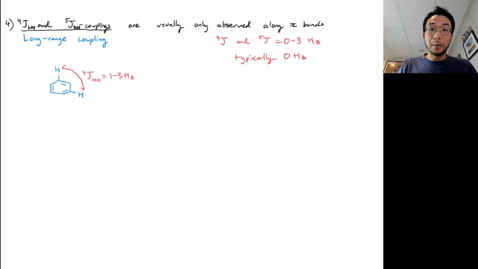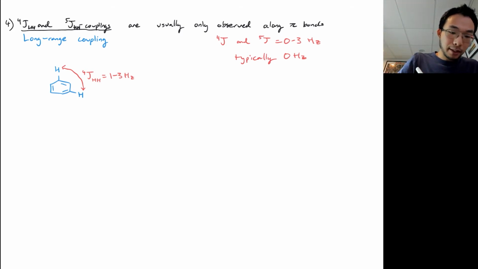One of these is on aromatic rings. This is a 1, 2, 3, 4J coupling between protons. This is the meta relationship in an aromatic ring. If these two hydrogens were not equivalent with respect to the rest of the molecule, then we would see a coupling constant of 1 to 3 Hertz. As drawn, they are equivalent, so we'd see no coupling because those delta E's were the same.